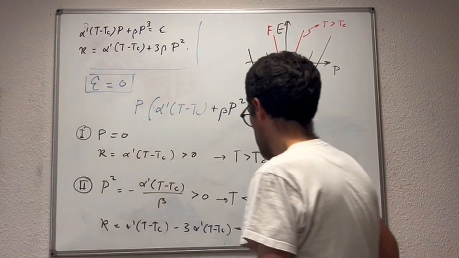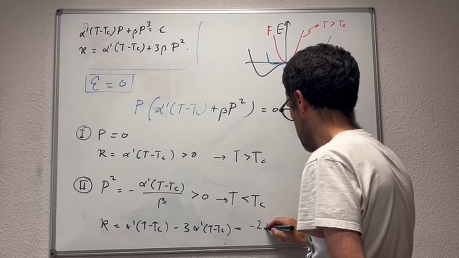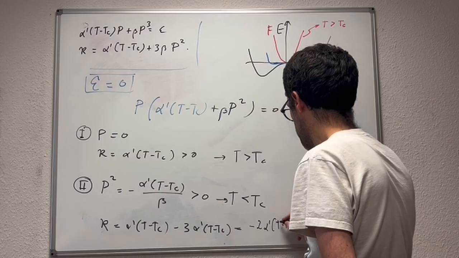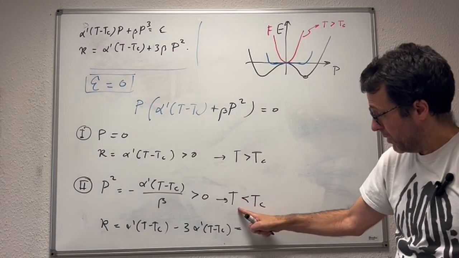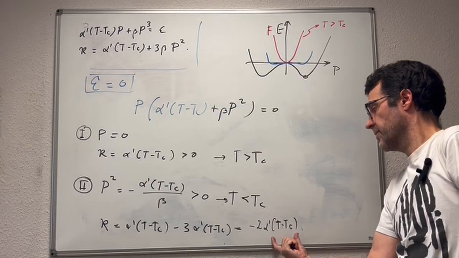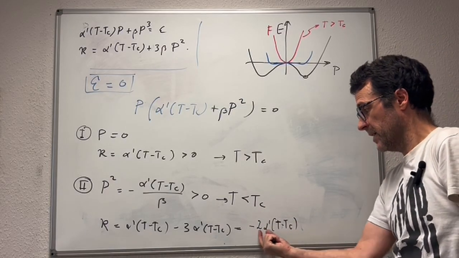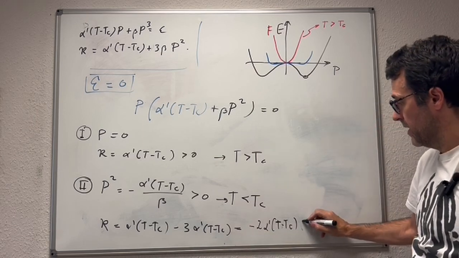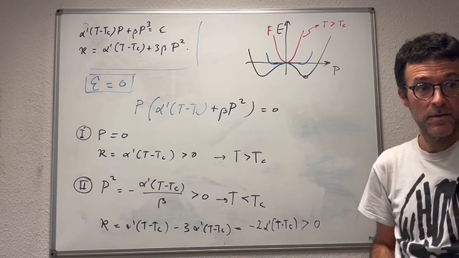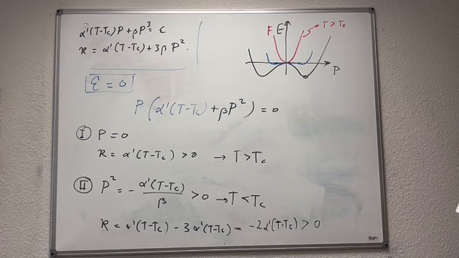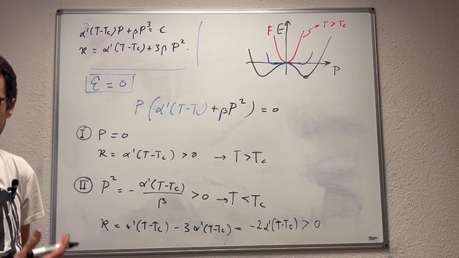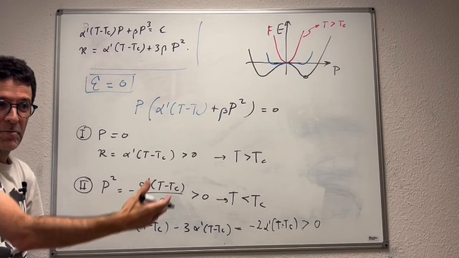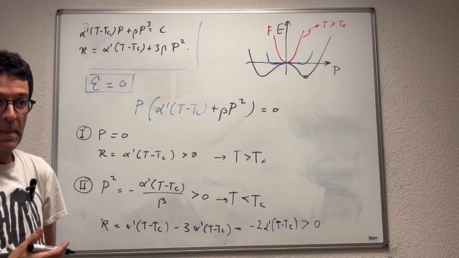So the whole thing goes to minus 2 times alpha prime (T minus Tc). We are at temperatures below Tc, therefore this parenthesis is negative. Here I have a negative sign, so this is positive. So it works. What we already knew from our simple drawings is confirmed and corroborated by the trivial mathematics when we look at the first and second derivatives of the free energy.